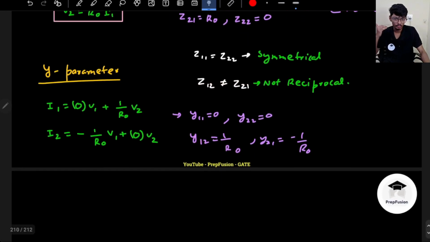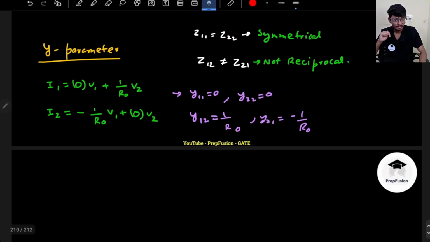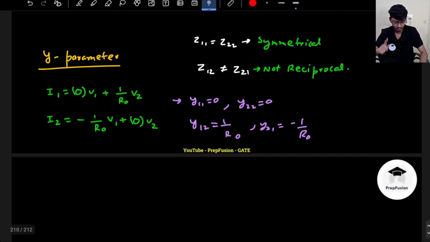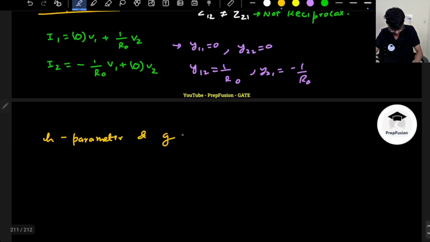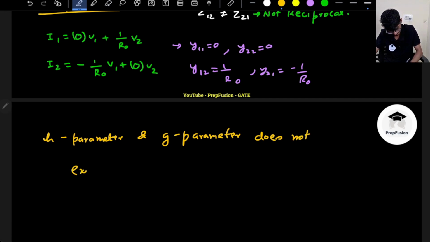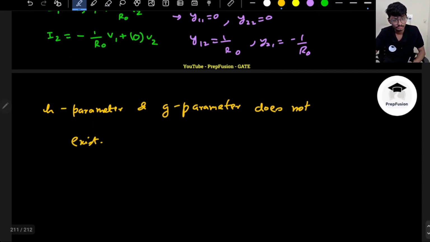Okay. So what will be the H parameters? The H parameters and G parameters do not actually exist here. Why do they not exist?